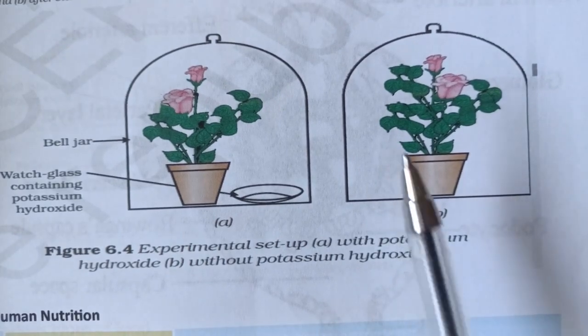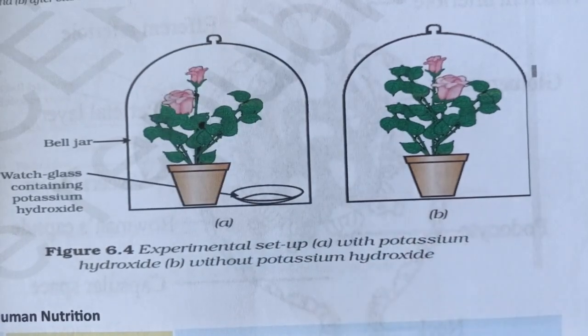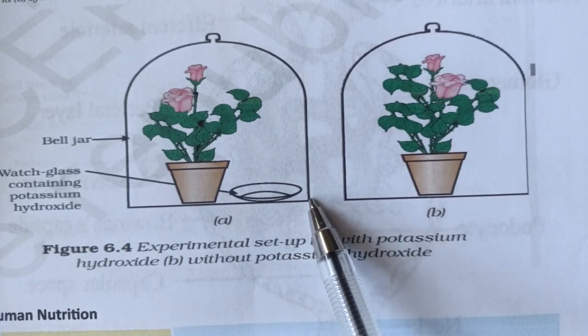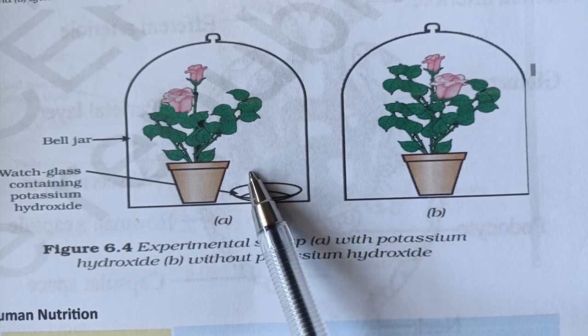Cover both the plants with separate bell jars so that you can observe from outside. And they want us to seal the junction, the bottom of the jar, with some Vaseline, so there is no escape of oxygen or carbon dioxide from these bell jars.